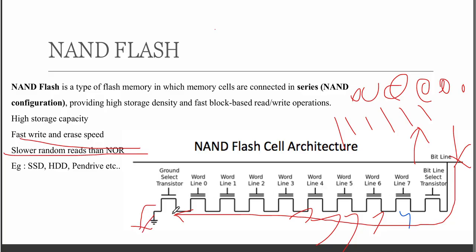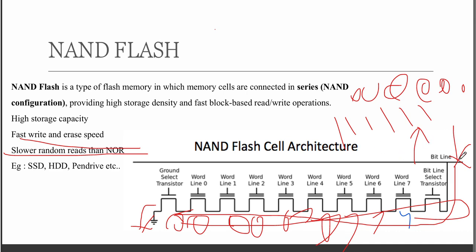The entire supply will be lost, and the entire data stored inside the transistor becomes zero. This is the efficient write and erase operation. We can write multiple transistors at a time, and also we can erase multiple transistors at a time.